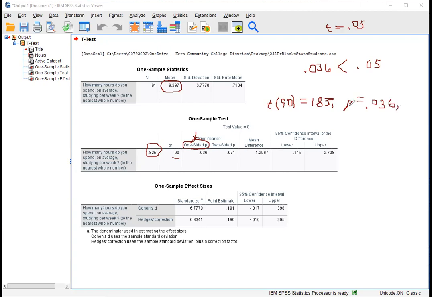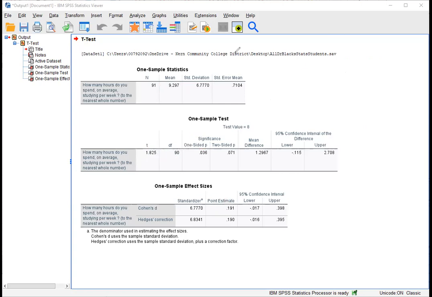Sometimes we write a subscript t one-tailed or p one-tailed. And then we could write our effect size, Cohen's d, that's a d, equals 0.19. This is right here. That was an example of a one sample directional t-test when we were correct in our hypotheses and found that the mean was, as we hypothesized, greater than 8.